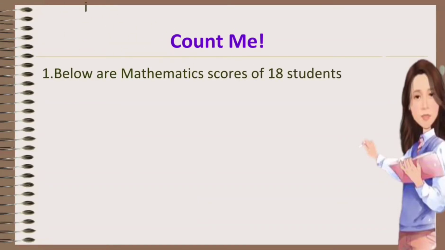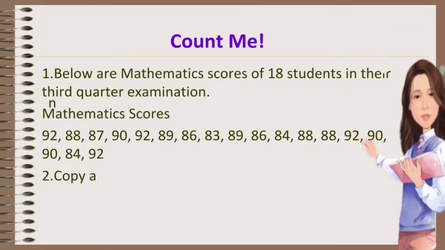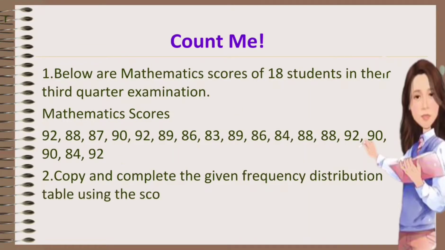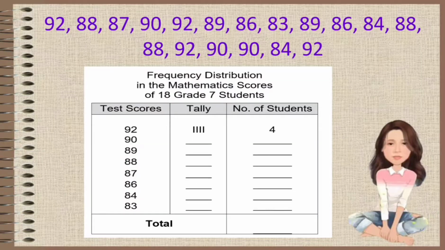Below are the mathematics scores of 18 students in their third quarter examinations. These are the scores. I would like you to copy and complete the given frequency distribution table using the scores in your notebook or in your paper. The first one is done for you. You can see there are 4 92s.